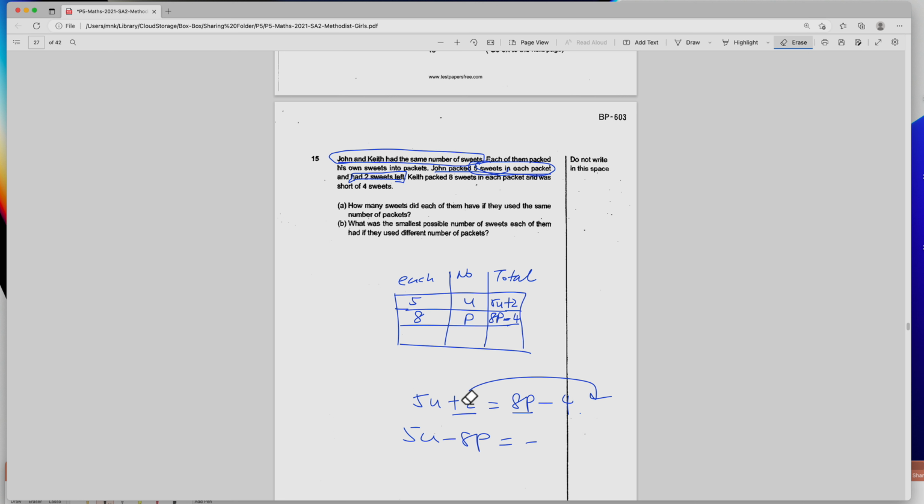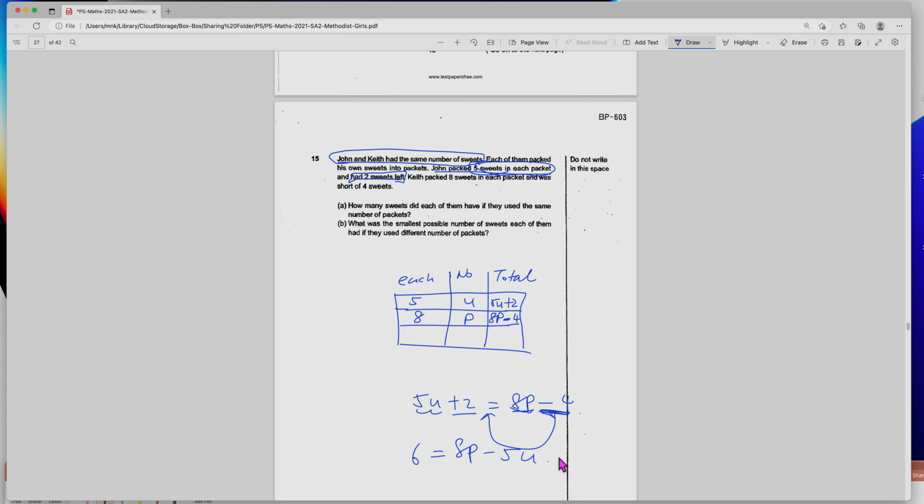Or another way to do this is the minus 4, you bring it over, it becomes plus, so 2 plus 4 is plus 6, so it's 6 equals 8P minus 5U. Okay, so this is one way you can do this question.